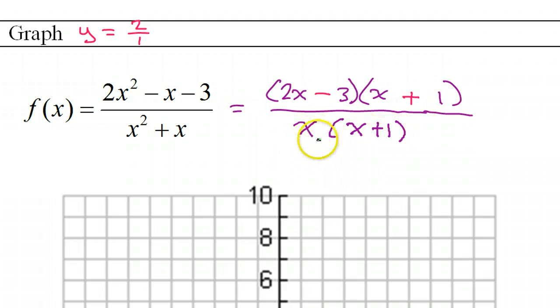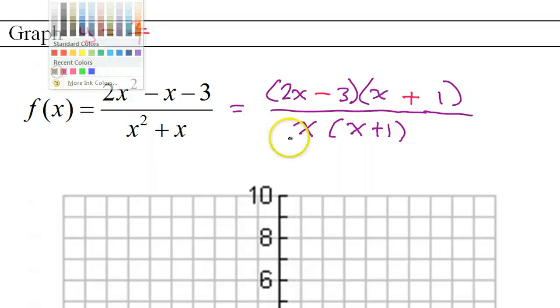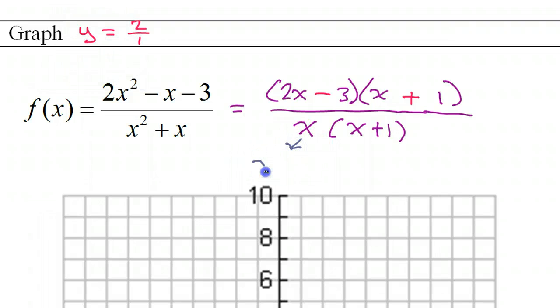Normally I would look at the denominator and set each of these equal to 0, and from this one I would get x equals 0, and from this one I'm going to get x plus 1 equals 0, which, subtracting 1 from both sides, gives me x equals negative 1.